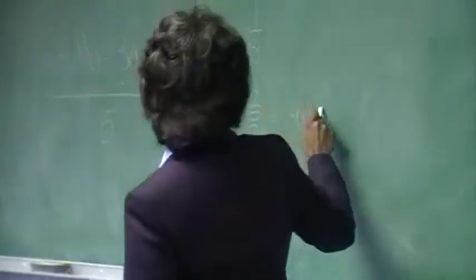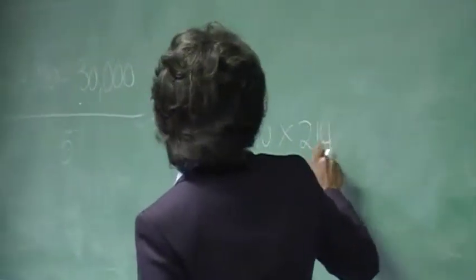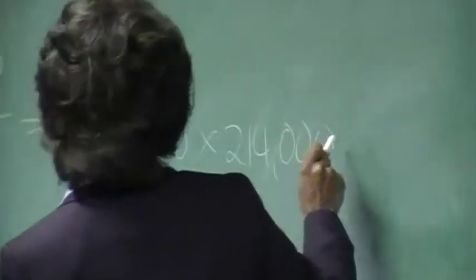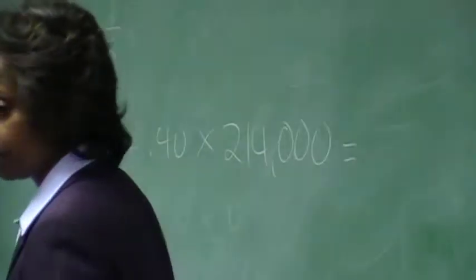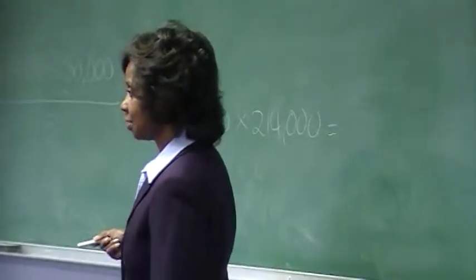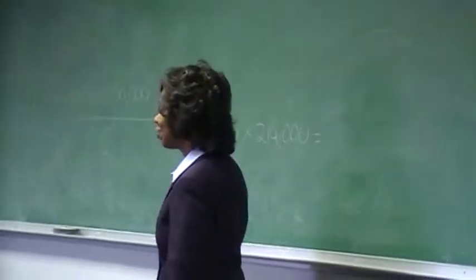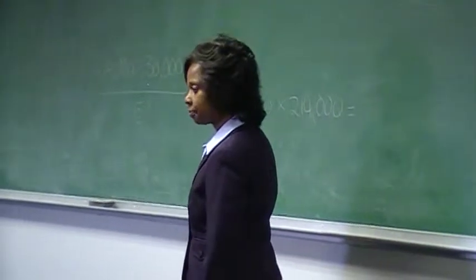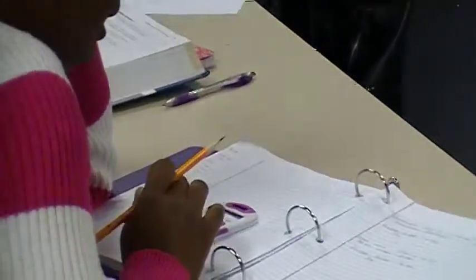So you're going to multiply that by 214,000. What's 214,000 times 40%? You all have calculators. 85,600. Do you agree with that number?